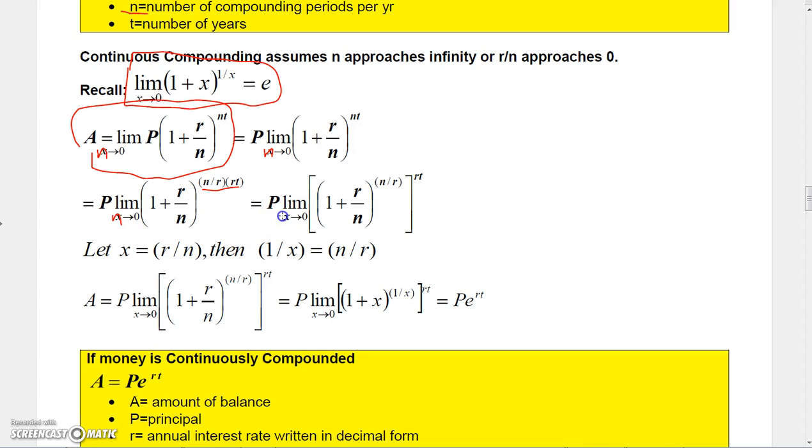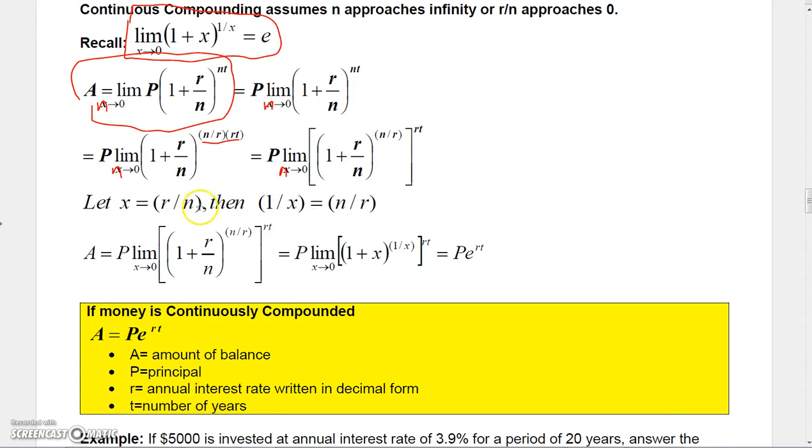Using properties of exponents, I can write this as (1 plus r over n) to the n over r, raised to the rt. And then if I let x be r over n, then 1 over x would be n over r. So this becomes 1 plus x to the 1 over x, with rt still on the outside.